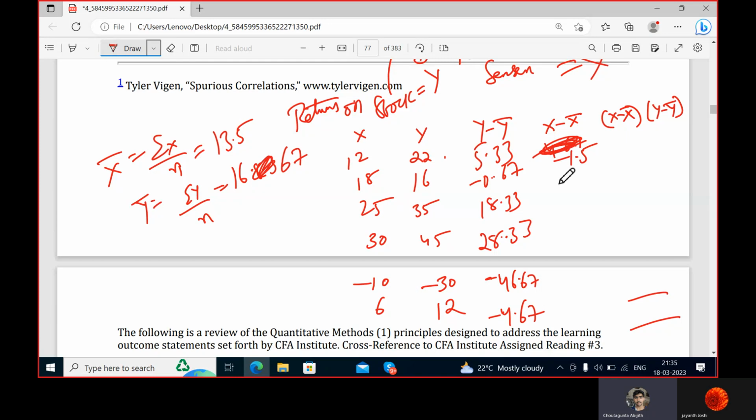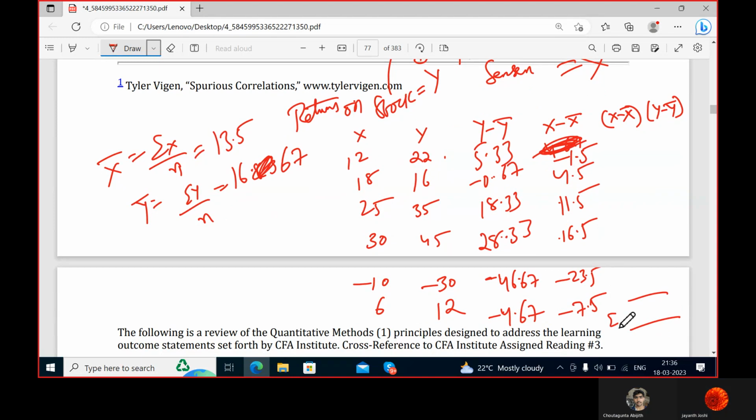Minus 1.5, 4.5, 11.5, 16.5, minus 23.5, and negative 7.5. Okay. Now multiply these two and tell me the total of this.